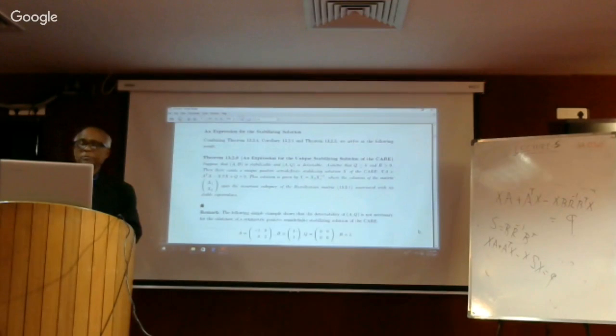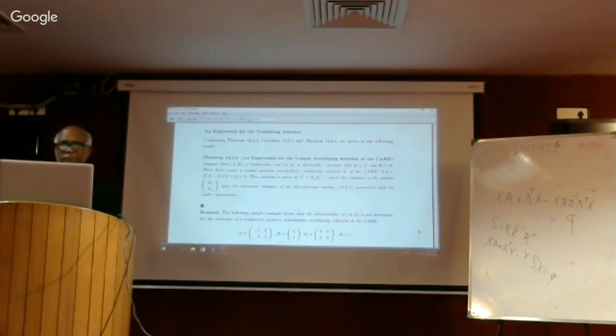The theorem says how to express the solution X of the Riccati equation in terms of the invariant subspace of the Hamiltonian matrix associated with the eigenvalues which are stable.